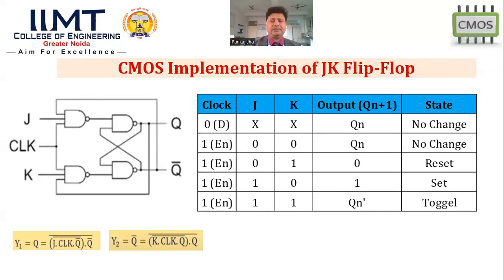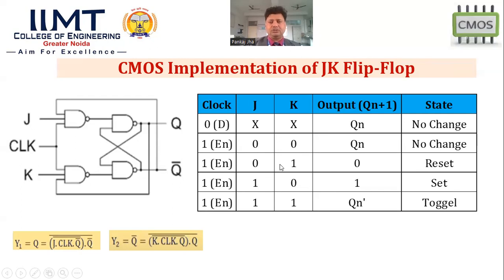So from this table, you can understand again: when the clock is in disable condition, D stands for disable condition, no change of output is there. Whatever the previous output was will be stored by the flip-flop. When we are applying 0-0 condition and the clock is enabled, in that case also no change is there. We will get Qn as the output.